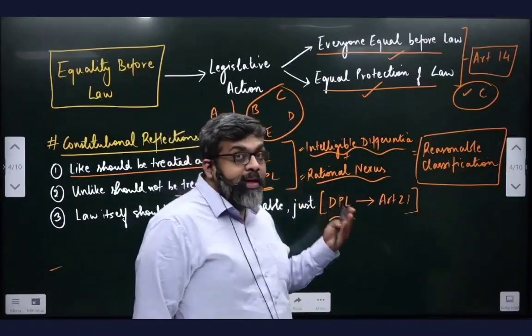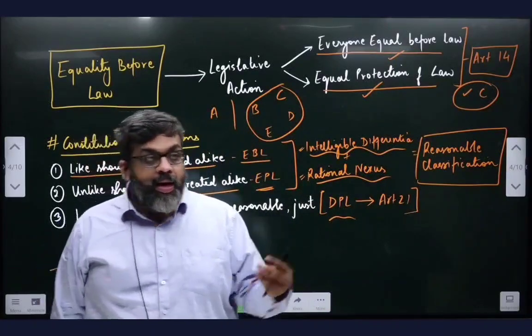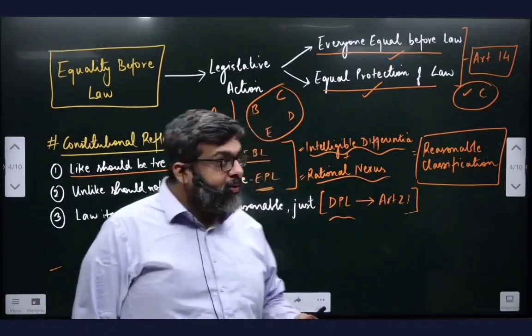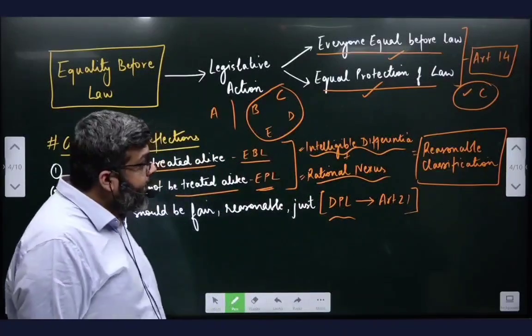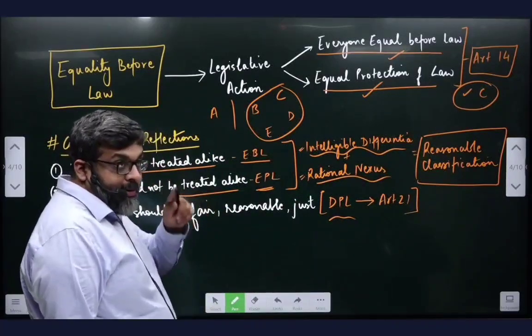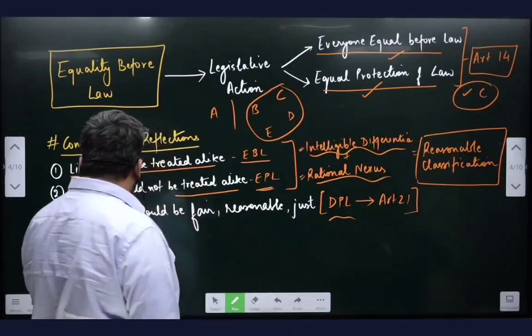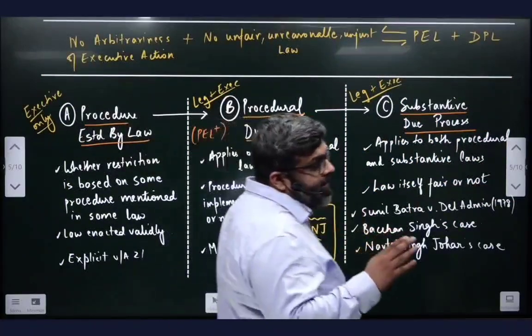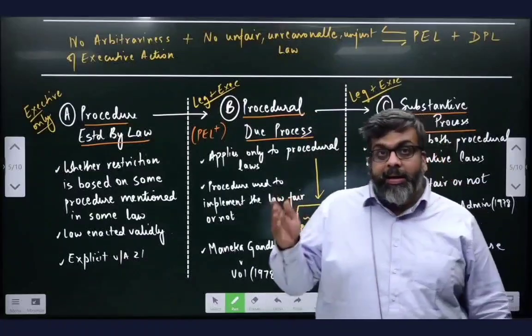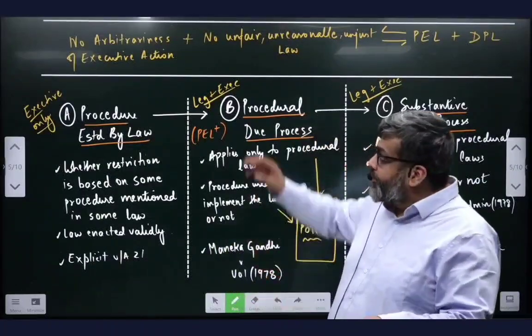The law itself should also not be unfair, and if you add both of these concepts together, what you effectively get is due process of law. This is also why last year in 2023 there was a remarkable question. So let's address it in detail in line with PYQ trends.